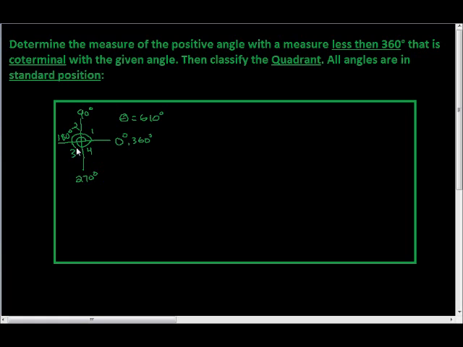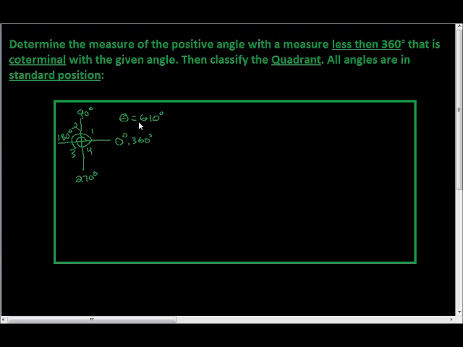Well, basically, to find the coterminal angle of this, this guy traveled all of this distance, but he wants to take a shortcut to get back to standard position, and he doesn't want to have to go back all the way. So we want to find the shortest amount of degrees from this point, going back the path that he came and getting back to standard position.